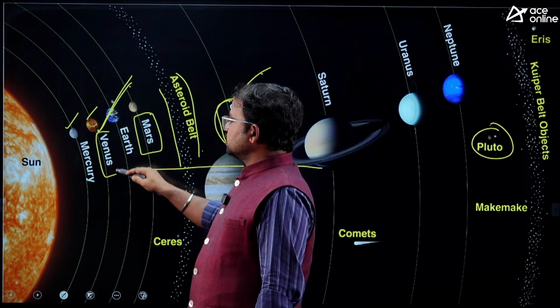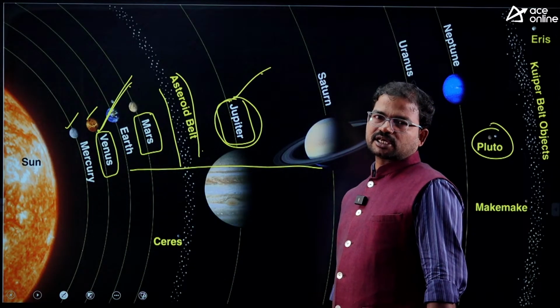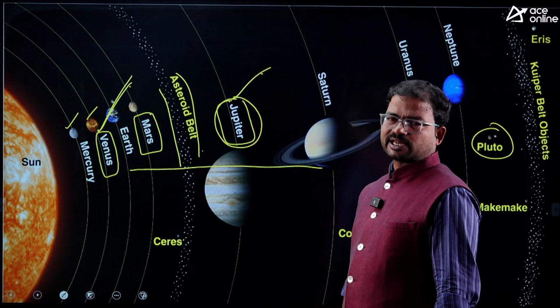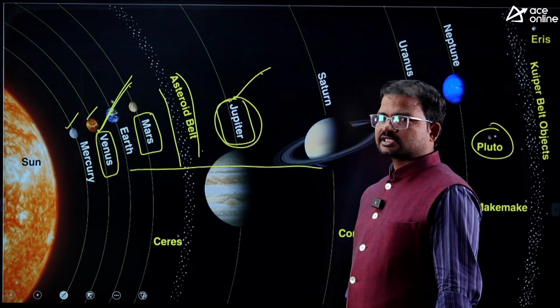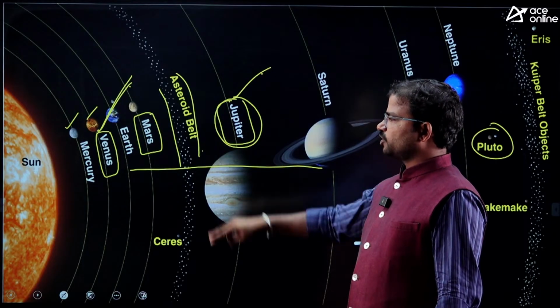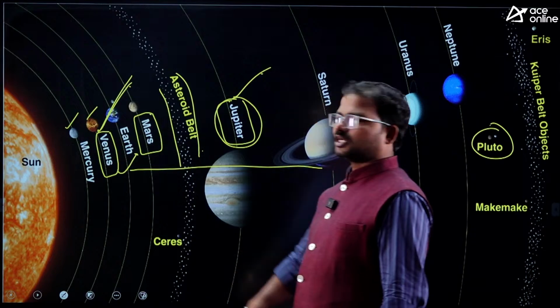Venus is also the hottest planet and the nearest planet to Earth. These statements concern Venus only, not Mars.